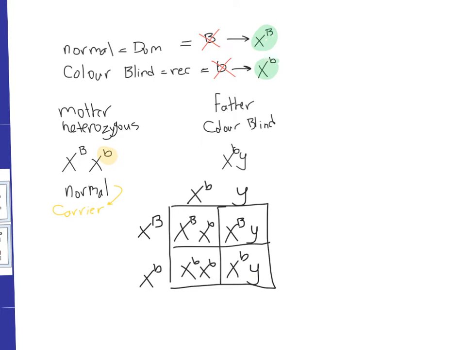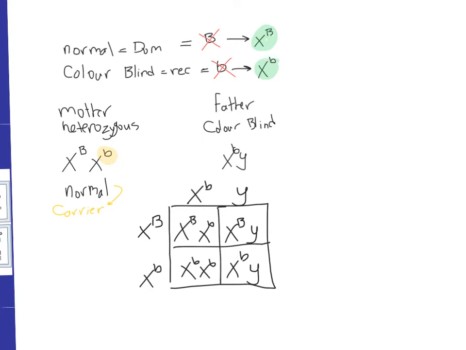Okay, looking at this Punnett square, these are the possible children. Now, what do you notice about the possible children? I want you to pause the video and take a moment to figure out the genotypes or phenotypes of the children. Okay, so hopefully you paused the video and gave it a bit of time to think about.